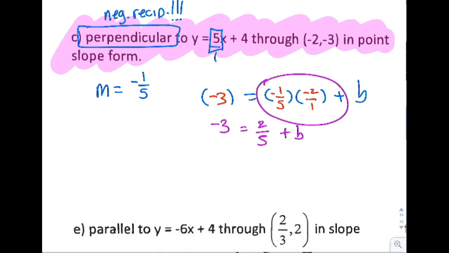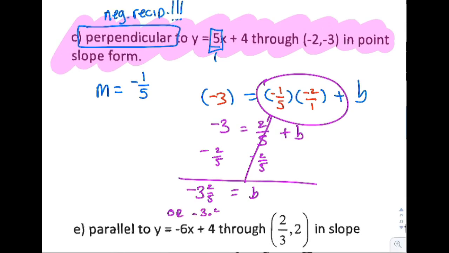And then I'm going to subtract 2/5 from both sides. And b is going to be negative 3 minus 2/5. And that would be negative 3 2/5, or if you did it as a decimal, you could say negative 3.4. Either one of those is correct.